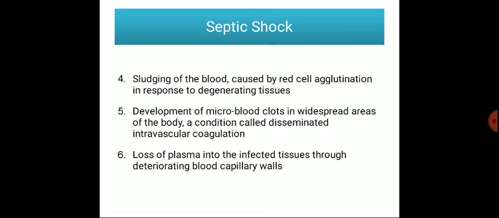There is loss of plasma into the infected tissue through the deteriorating blood capillary walls. Mainly this septicemia occurs in conditions like acute peritonitis, perforation of the bowels, strangulated bowel, and different types of sepsis.